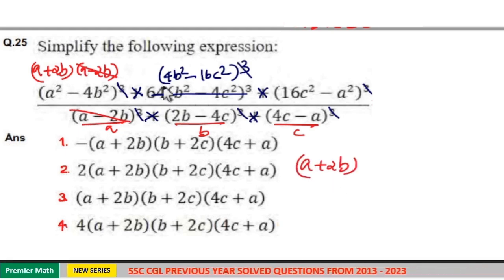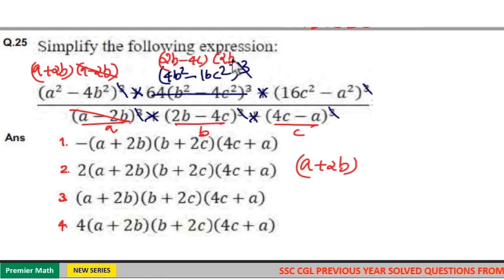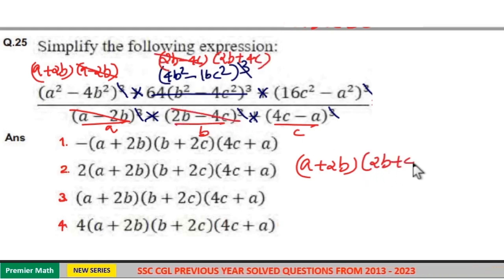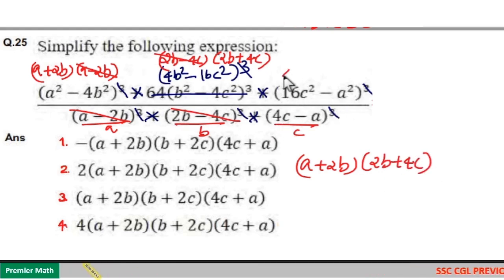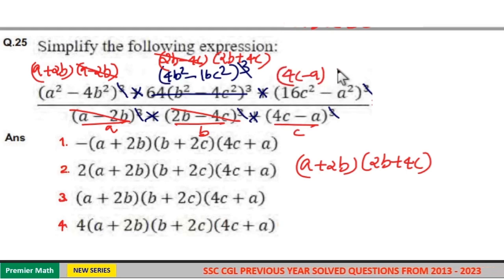Same way, here 4b square minus 16c square can be written as 2b minus 4c into 2b plus 4c. So 2b minus 4c and 2b minus 4c cancel. Remaining is 2b plus 4c. Here also 16c square minus a square can be written as 4c minus a into 4c plus a.